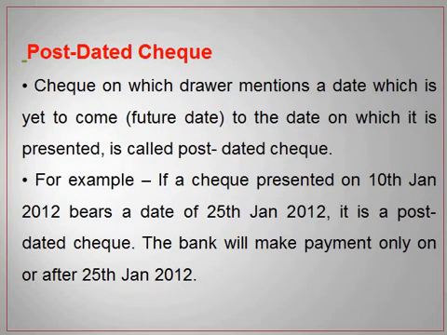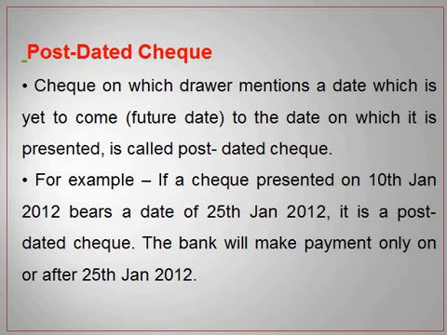Next, we are going to see about the post-dated check, a check on which the drawer mentions a date which is yet to come, a future date, later than the date on which it is presented. It is called a post-dated check. For example, if a check presented on 10th Jan 2012 bears a date of 25th Jan 2012, it is a post-dated check.